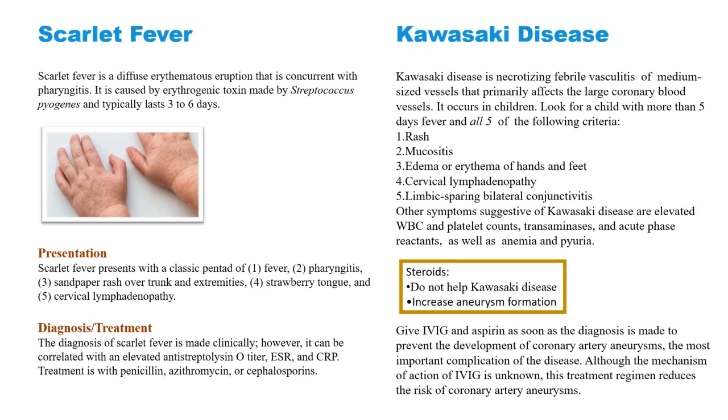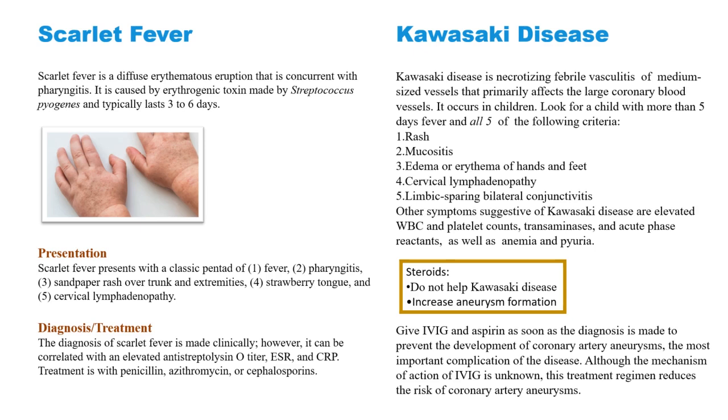Presentation. Scarlet fever presents with the classical pentad of fever, 1; pharyngitis, 2; sandpaper rash over the trunk and extremity, 3; strawberry tongue, 4; and cervical lymphadenopathy, 5.